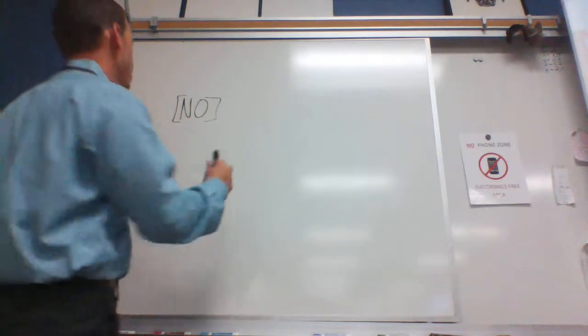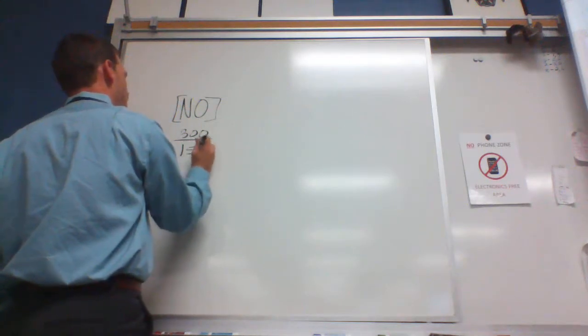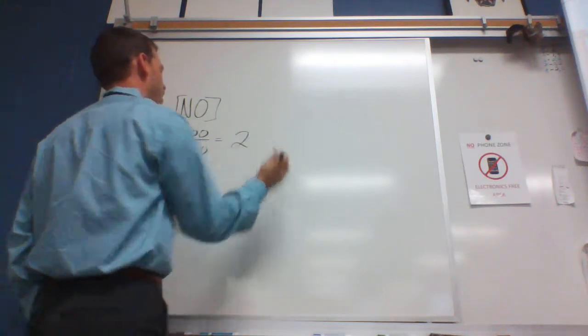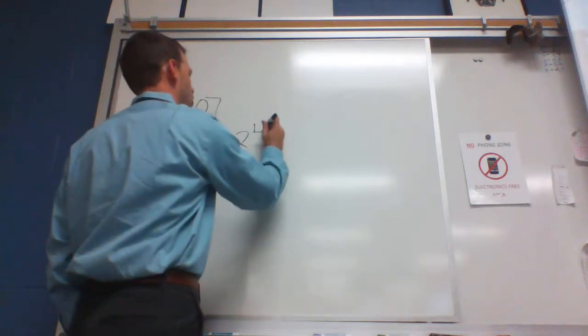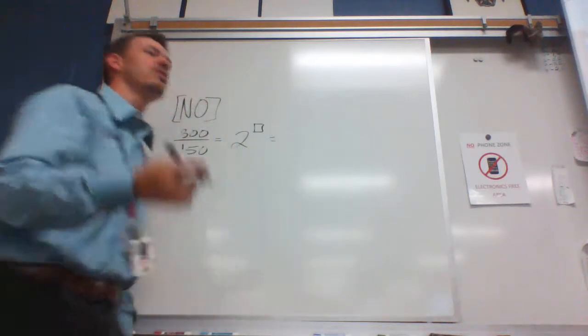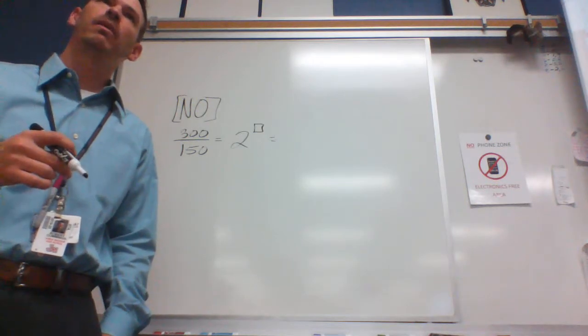It looks like if I do that, I'll have 300 divided by 150, which is going to give me an answer of 2. I want to raise that to a power that equals the rate change for the same 2 trials.